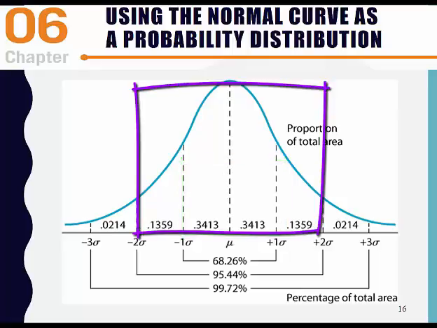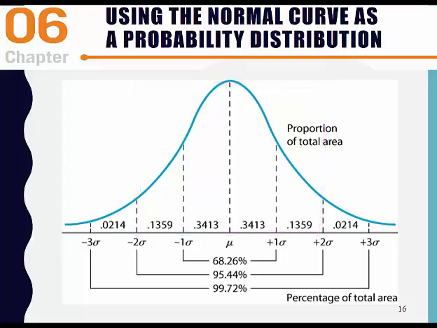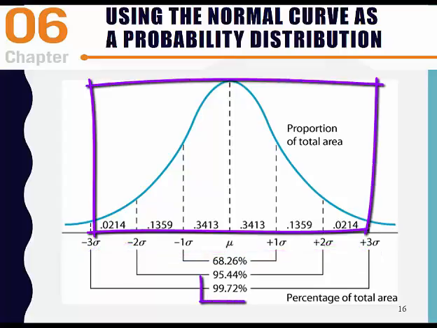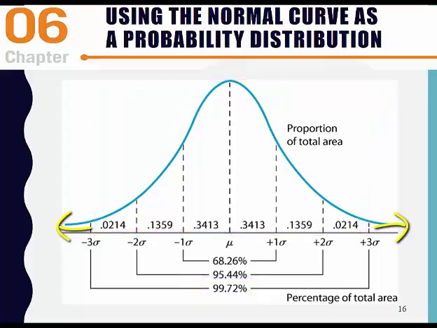So that's almost all of the people, right? Because 95.44%, that's almost all of the people. But then if you go 3 standard deviations away from the mean in both directions, you catch almost 99.72, so almost everybody, right? And you just got this tiny little area left back here under both tails.